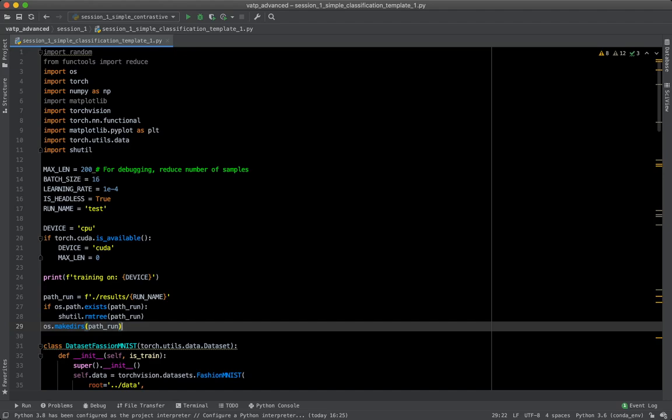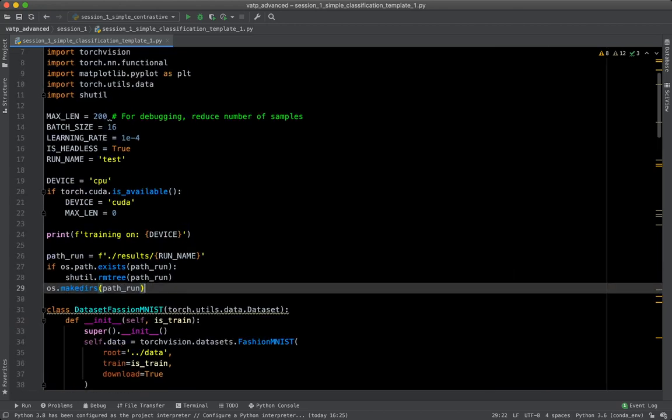Anyways, I will try to zoom in and get us working on this. There are two parts missing: one is the loss function, another is the model.